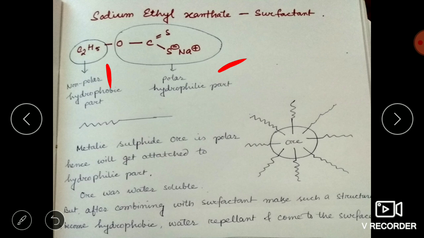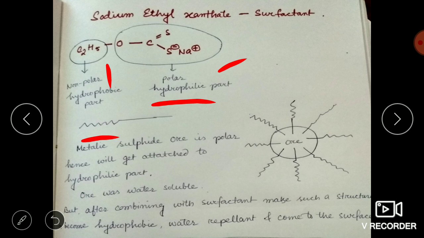If there is a plus and minus charge, two poles are there, that is the polar part of the compound, and if it is polar, the part must be hydrophilic. So in sodium ethyl xanthate we have a hydrophobic part and a hydrophilic part. The hydrophobic part I have designated with a zigzag or wave form, and the polar part with a straight line.